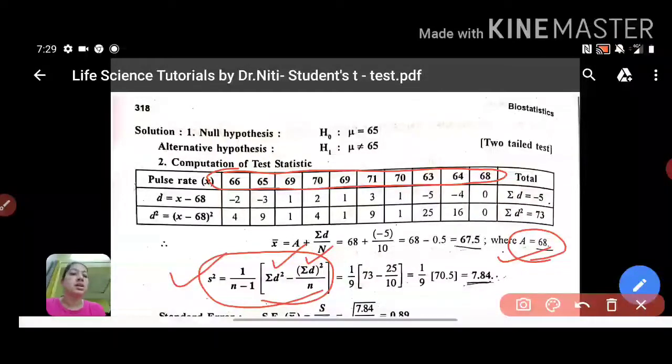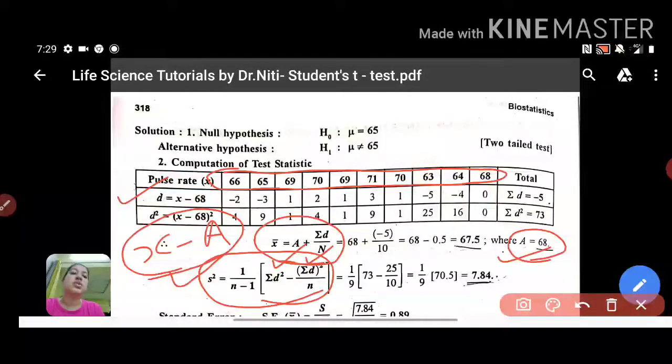After this you can determine the mean by using the formula a plus summation d by n. Here d has been determined as x minus 68, x minus assumed mean. Deviation you can determine by this formula, that is x minus assumed mean.